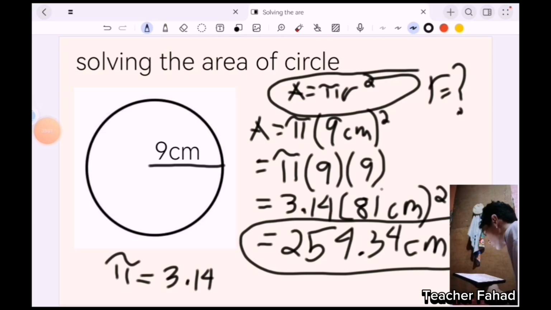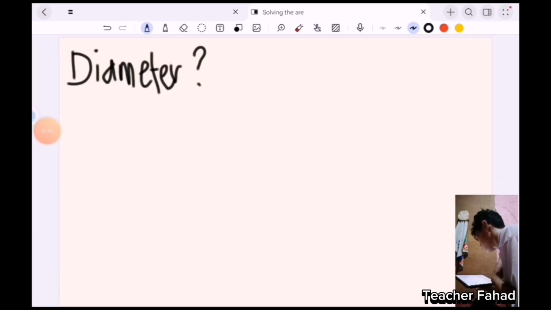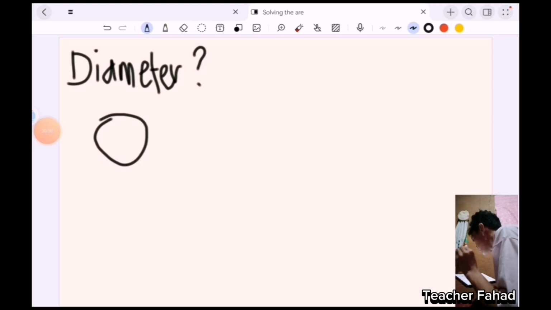Okay? So, another example. How about if the given dimension of a circle is diameter instead of radius? So the diameter is given, not the radius. In our previous example, we used pi times the square of radius.